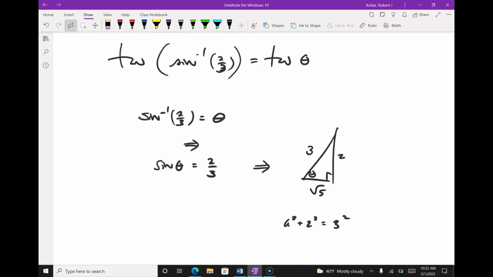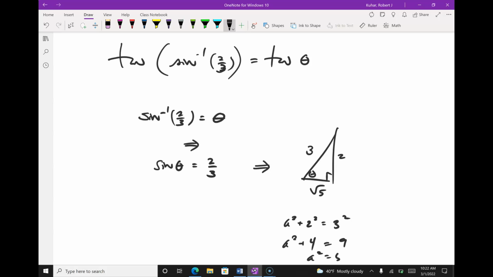Inverse trig gives me a trig. Trig gives me a triangle. So a squared plus 4 equals 9.